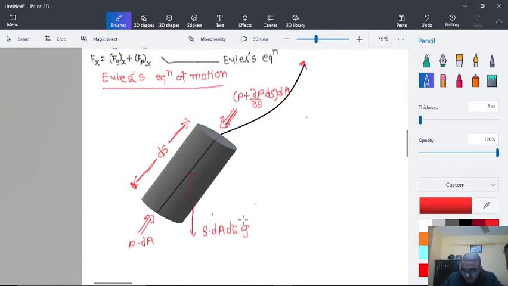So this will be the weight force, and the angle here is theta. So these are the forces which are present, and let me draw a triangle for explaining this angle. Here we will have this as dz, here we have ds, and the subtended angle is theta.